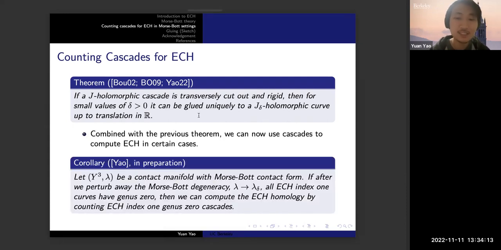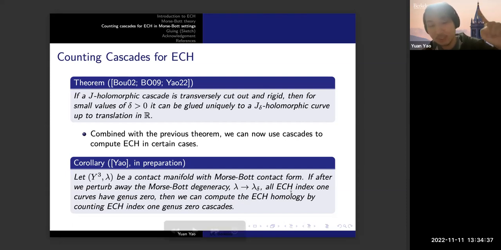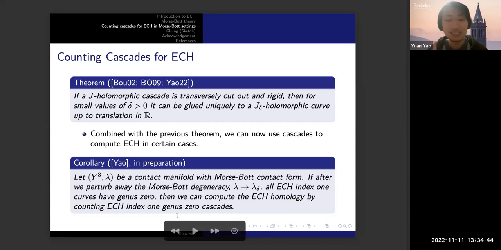Combined with the previous theorem, there are at least now some cases where we can use cascades to compute ECH. So let's suppose you have a contact manifold with a Morse-Bott contact form. If after the perturbation into a non-degenerate case, all ECH index 1 curves have genus 0, then you can compute the embedded contact homology in the Morse-Bott setting by counting ECH index 1 genus 0 cascades.